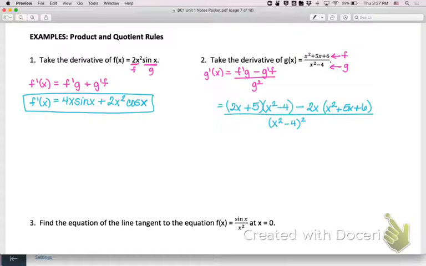Now, I want to try to simplify that on the top.